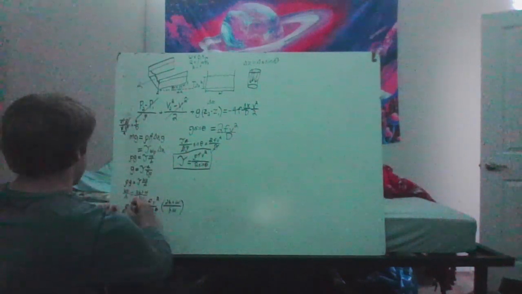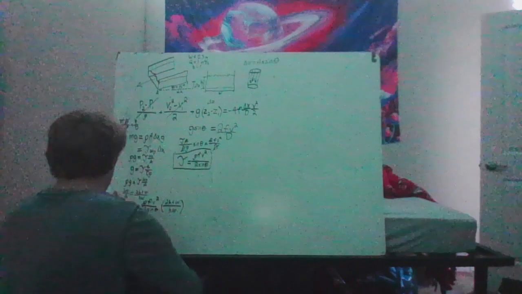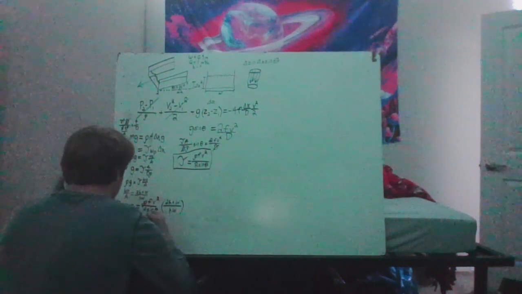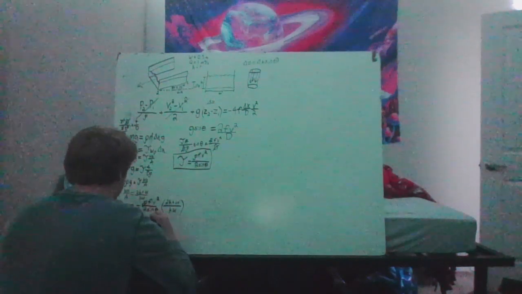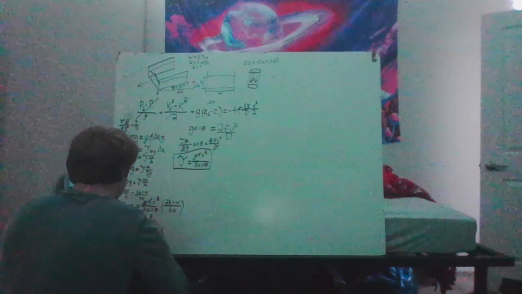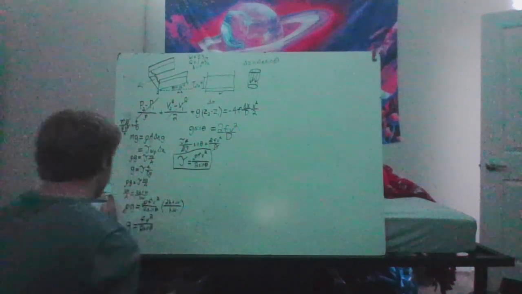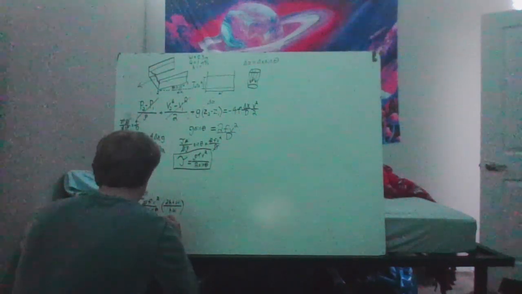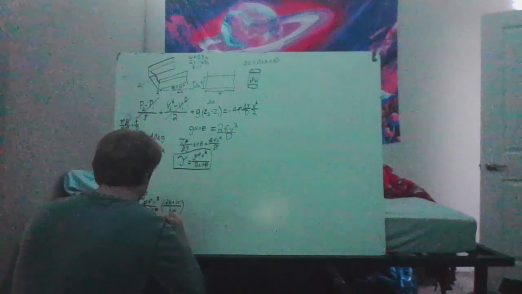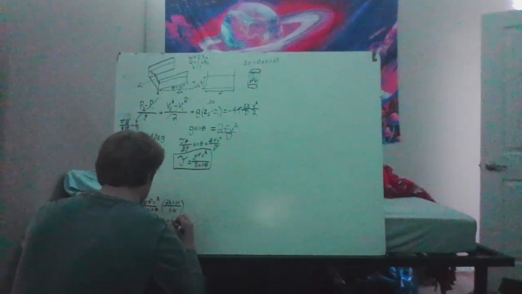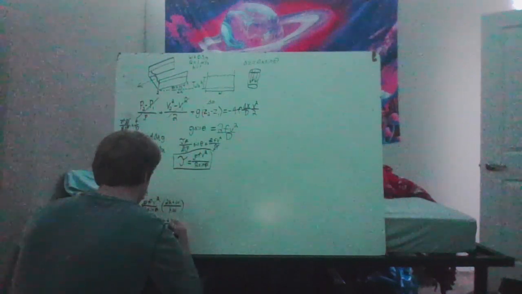And now we can cancel out these rho's, and we'll end up with an equation for our acceleration due to gravity right here. And this will actually end up being the equation that we can use in Python to solve for our h with the root solver.